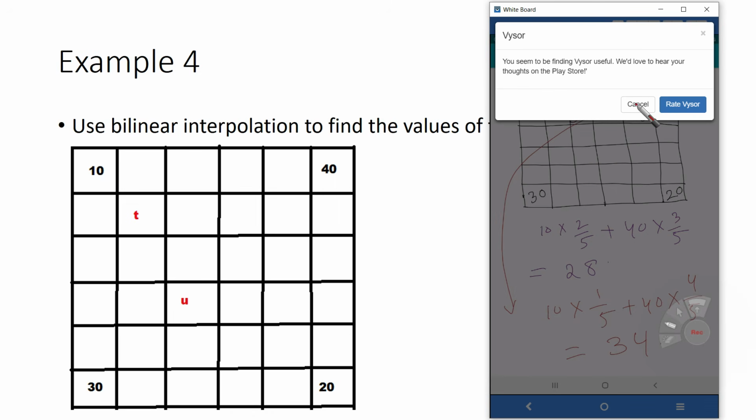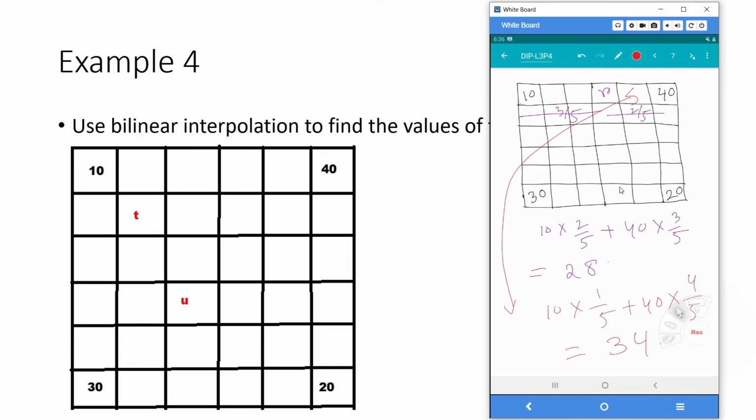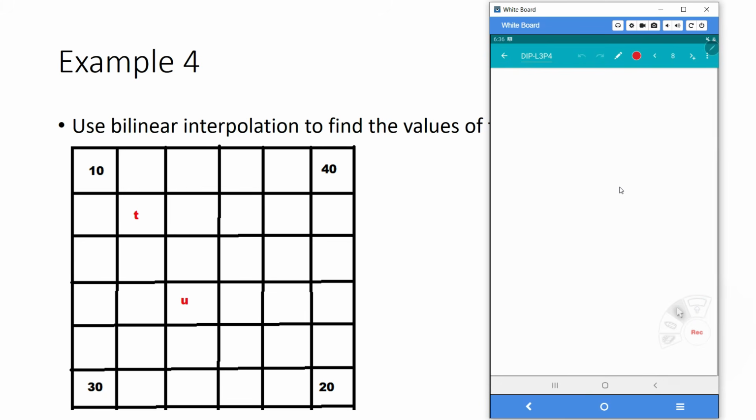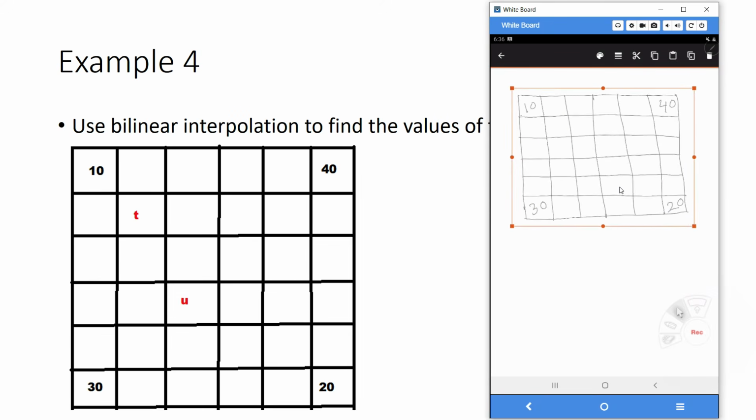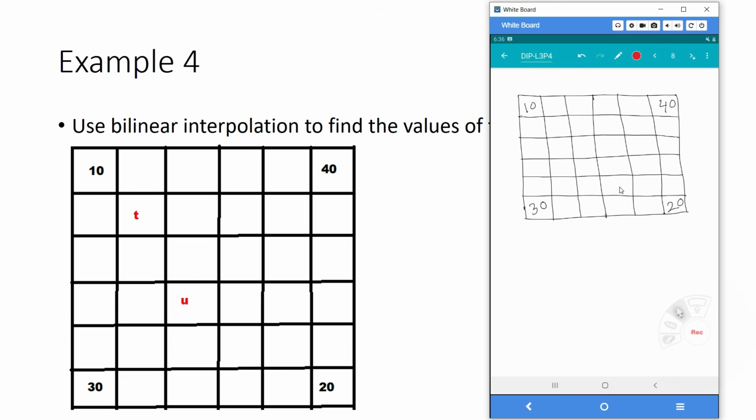So let's apply it in the same way. I take the same one now, this one. Okay, so 10 is, you see, these values. We will find the values for t using bilinear interpolations. First we calculate this value, and we know that using 10 and 40 we can find this value using linear interpolations.